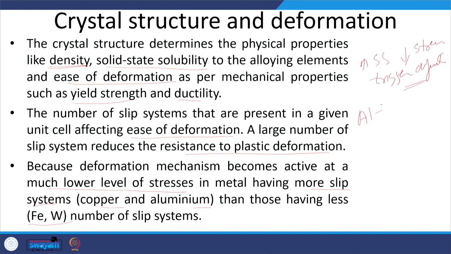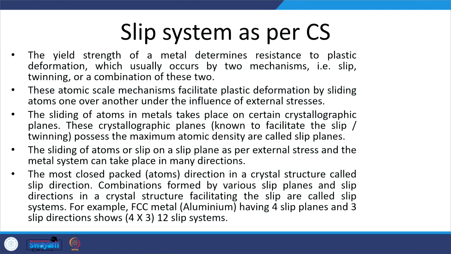So, if FCC metals like aluminum and copper have more slip systems than iron or tungsten, that will make the slip easier, and the slip will start at lower levels of stress, which indirectly will reduce the resistance to deformation, or make the deformation easier.